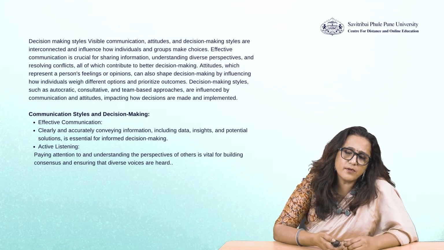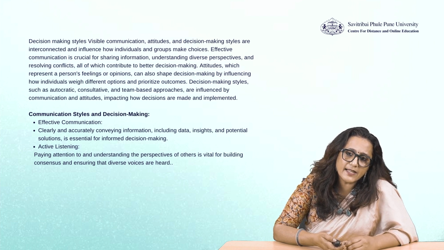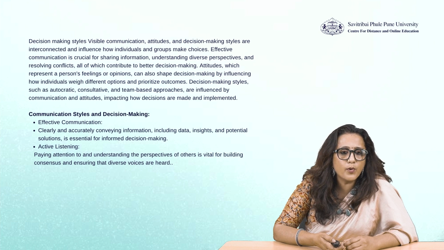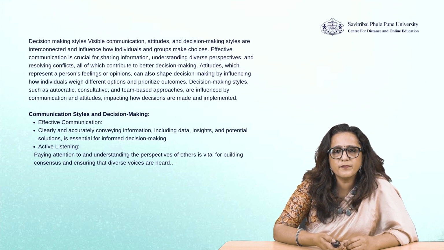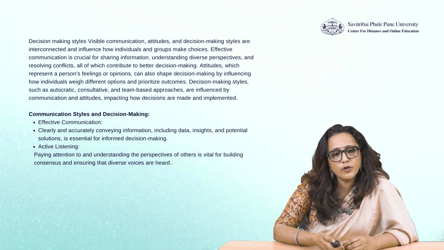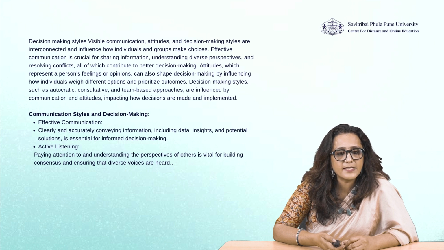So let's now put the first two elements we spoke about, communication style and decision making, together: their relevance and how they are ingrained together. They help in effective communication. They clearly and accurately convey information through data, insights, and potential solutions, essential for decision making, and active listening.